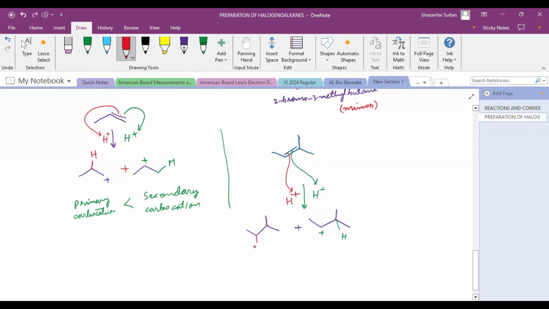So if hydrogen ion is attached here, then this carbon atom becomes positive. And this is the tertiary carbocation or 3-degree carbocation. And this is the secondary carbocation or 2-degree carbocation.